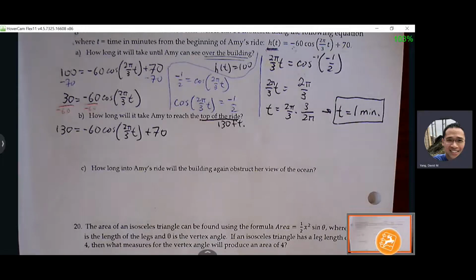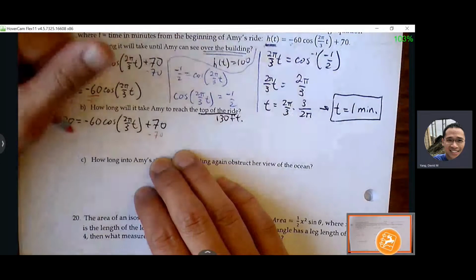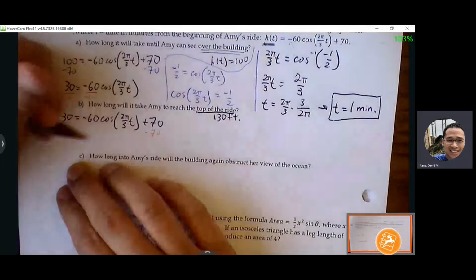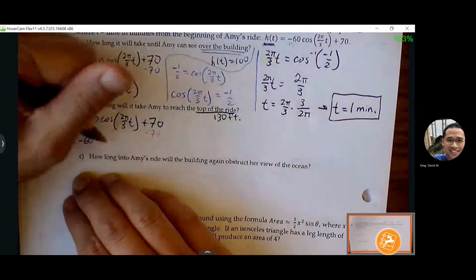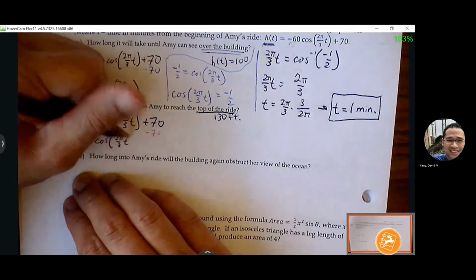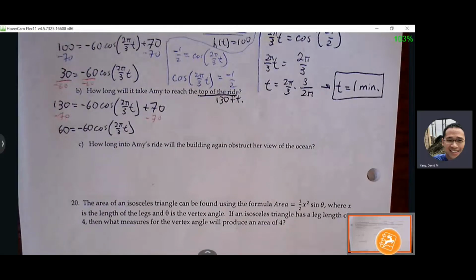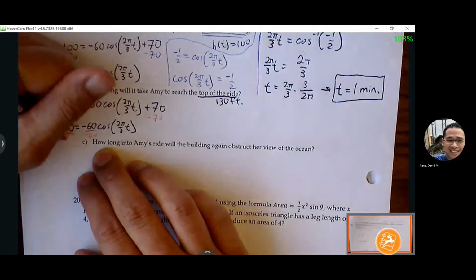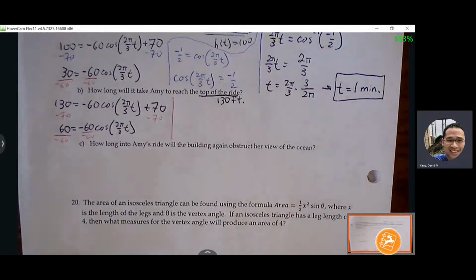Subtract 70. Divide both sides by negative 60. 60 divided by negative 60 is negative 1.